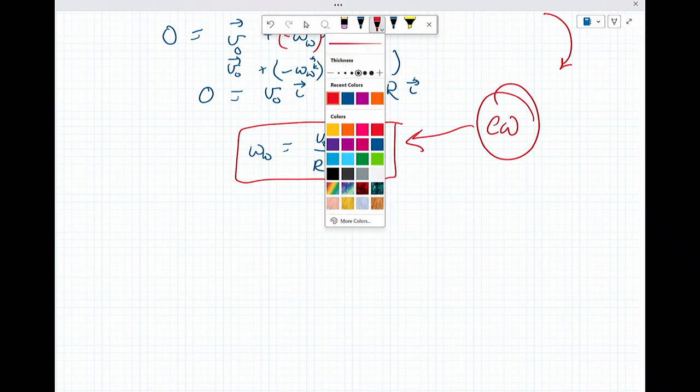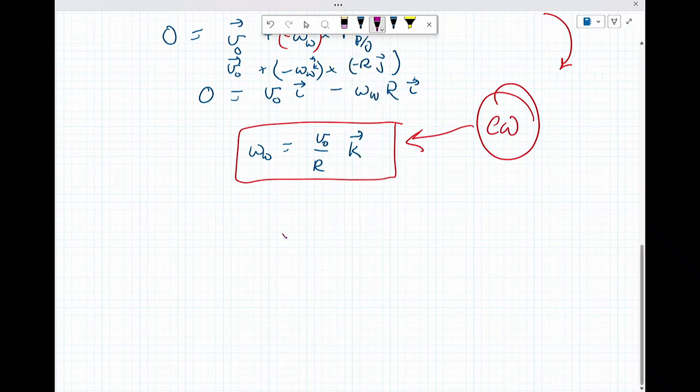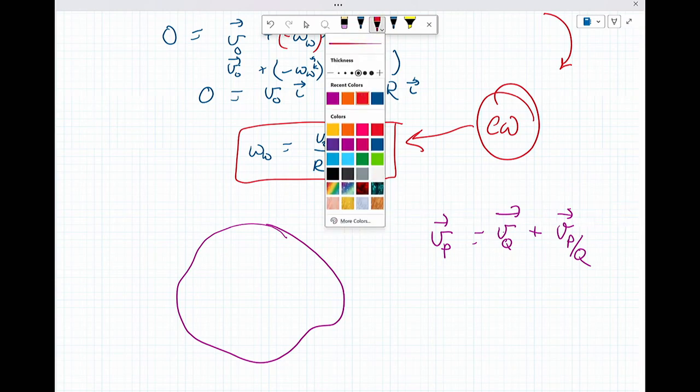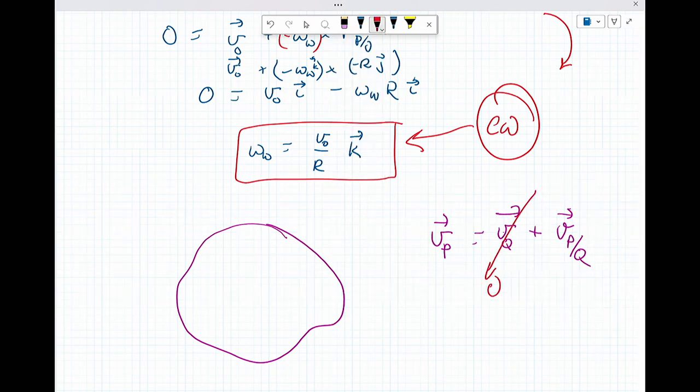So what that kind of says is, hey, this is kind of interesting. I can define a body like this and say, hey, what happens if this is 0? Then instantaneously this entire body is rotating about that point. Instantaneously.